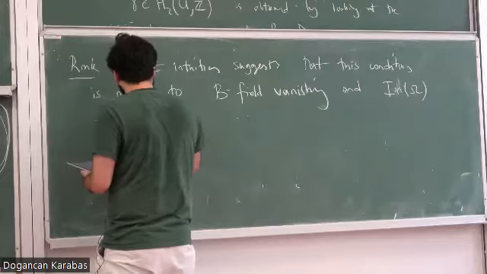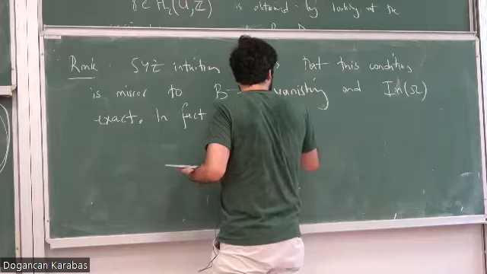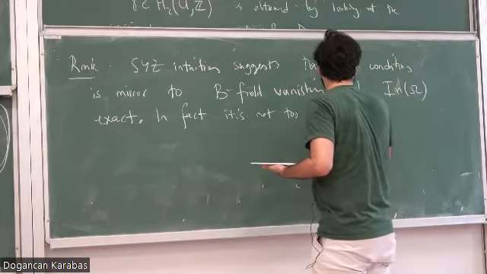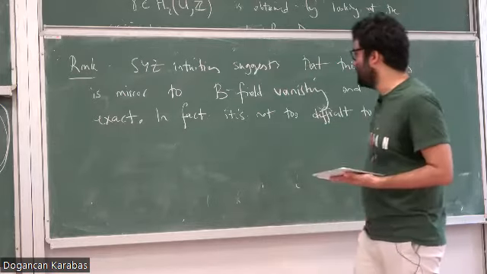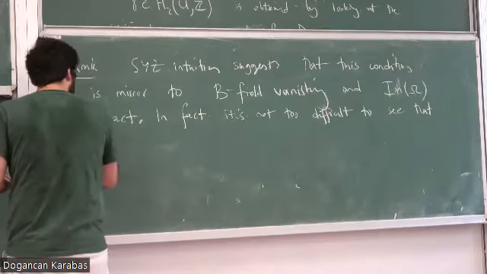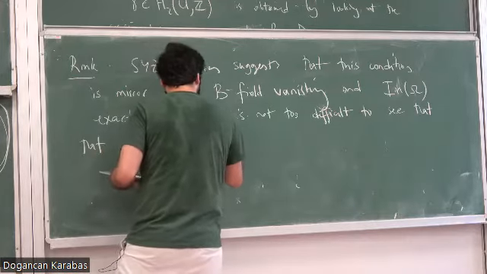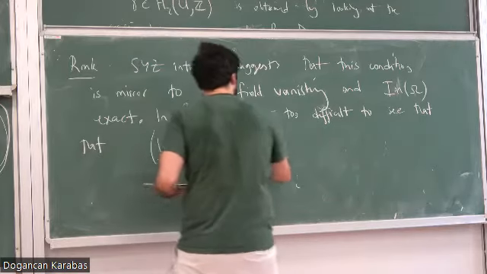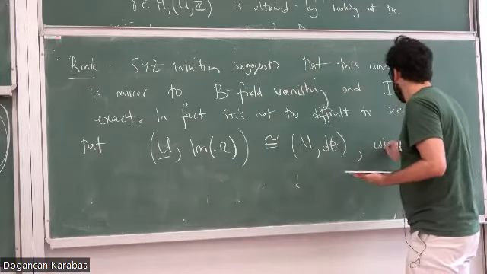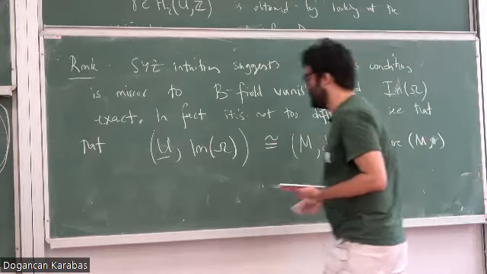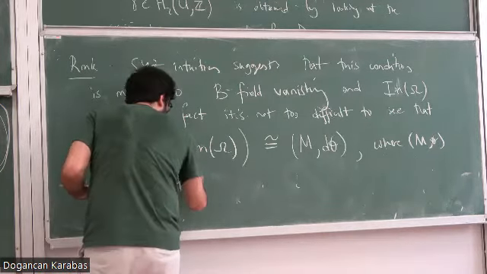So this is the implication. In fact, it's not too difficult to see, though this is not exactly part of the SYZ intuition but further work, that U with imaginary part of omega is symplectomorphic to M theta, where M theta is a Weinstein manifold.